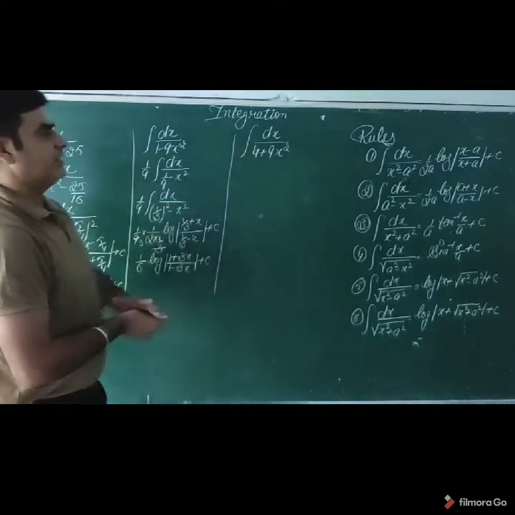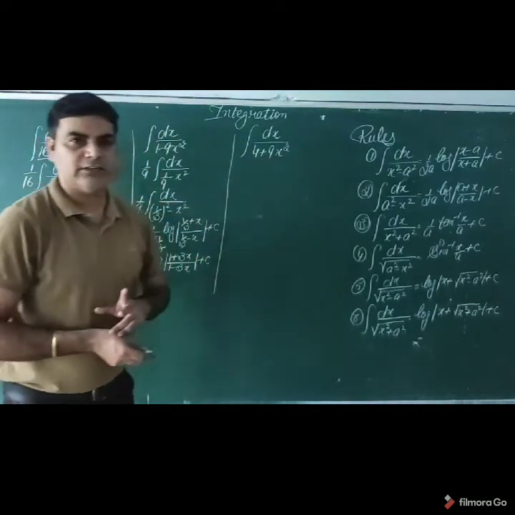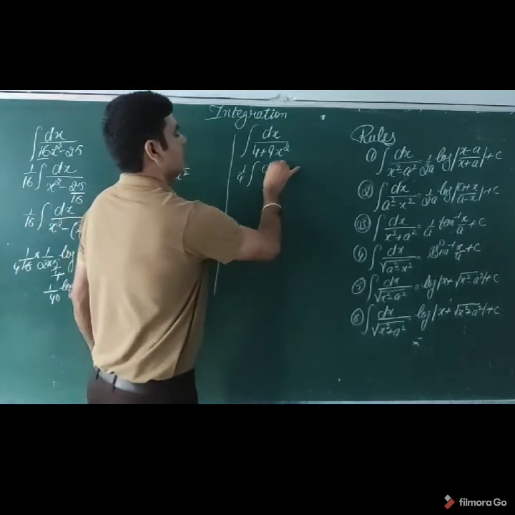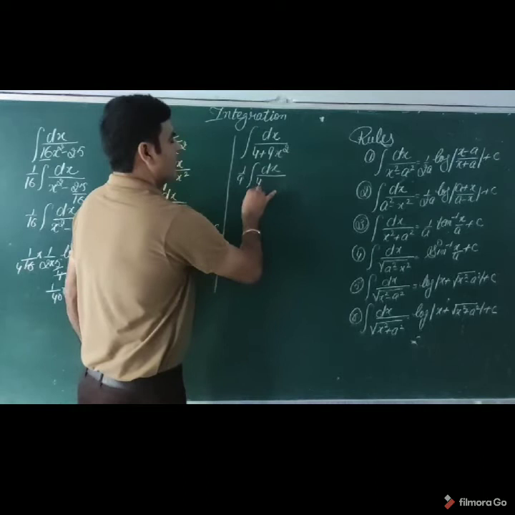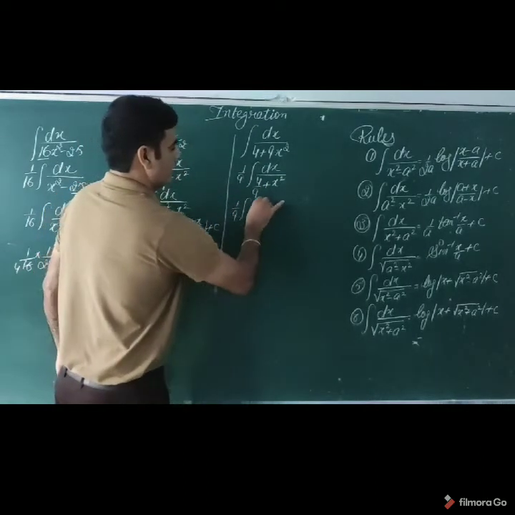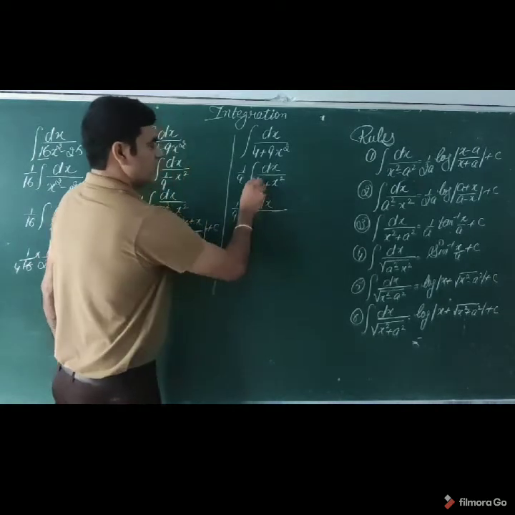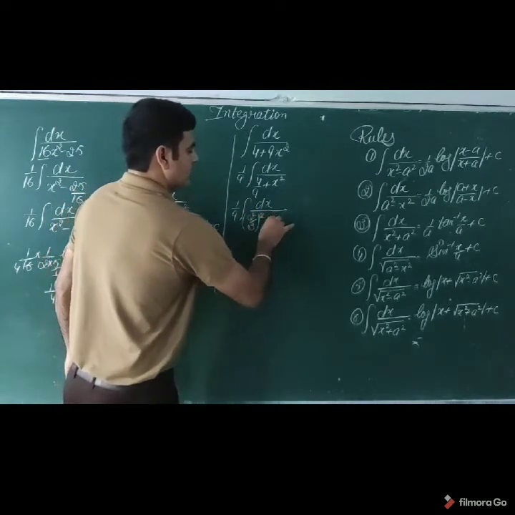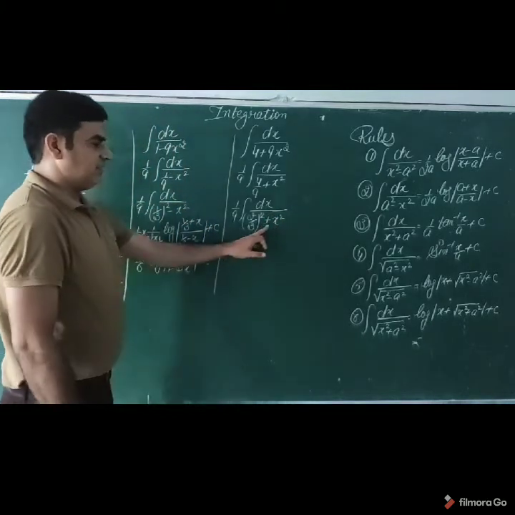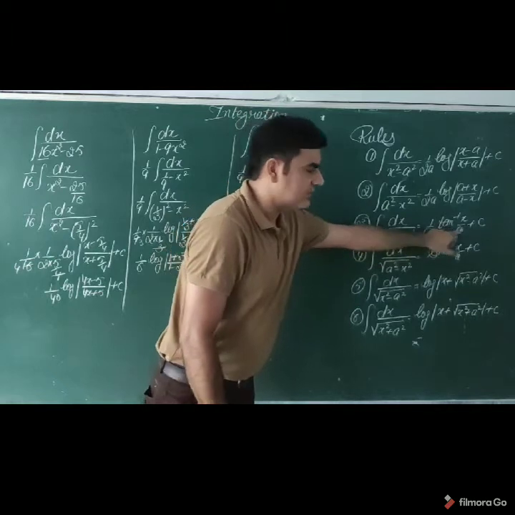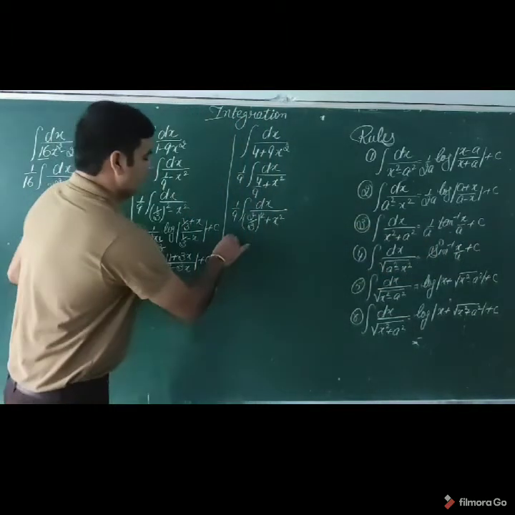Next one, if you see here, again the coefficient of x square is not 1. Taking 9 common outside, we get this one: dx upon 4 by 9 plus x square, with 1 by 9 remaining the same. dx upon, it is a square of 2 by 3 plus x square. Now it becomes x square plus a square. Rule number 3: 1 by a tan inverse x by a plus c.